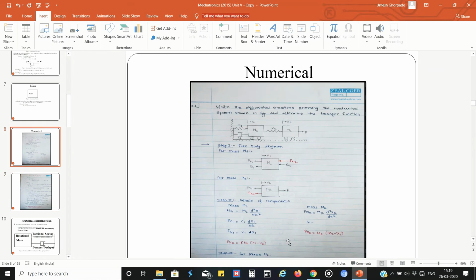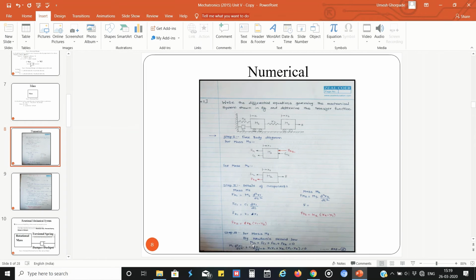Now the next one is step 3. For mass m1, by Newton's second law, Fm1 plus Fc1 plus Fk1 plus Fk2 is equal to 0. The summation of forces is equal to 0. Now we can elaborate that equation by putting in these values.